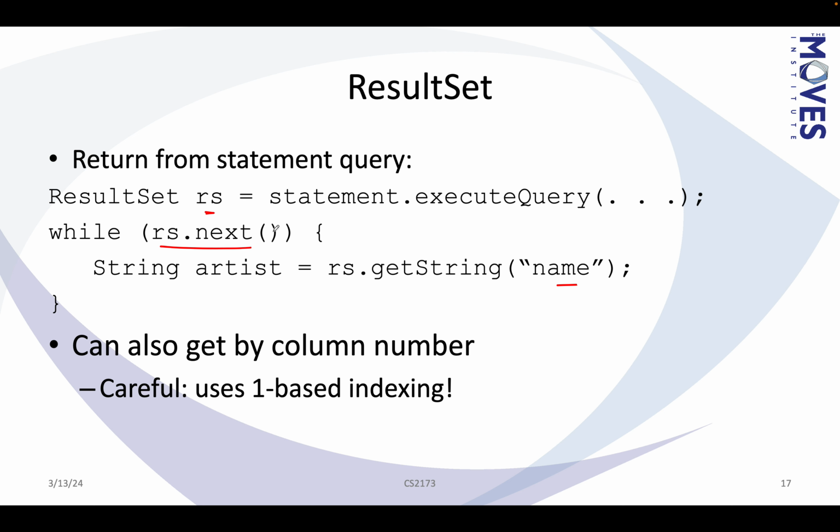When I say next, just like the iterators we've been using, it advances to the next and points to the next record. In that record we can get the string. We can get a string by the column name, or by column number, which is not totally recommended, but there's a way of doing that.